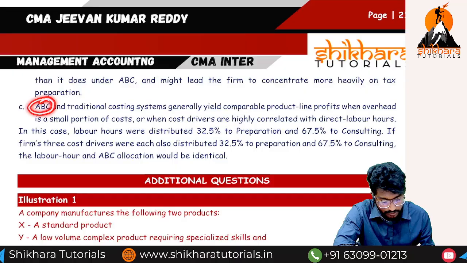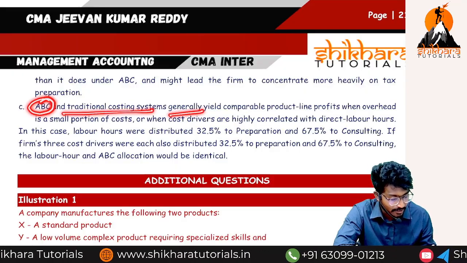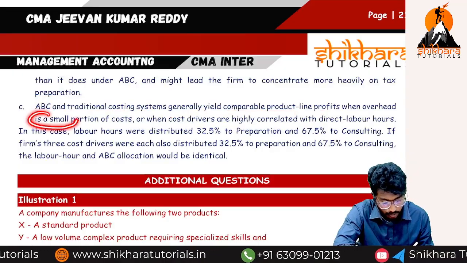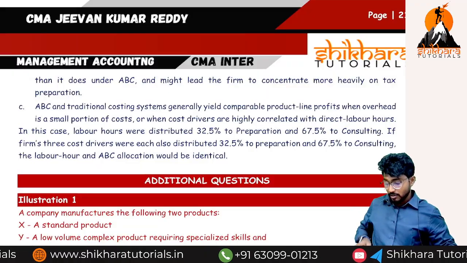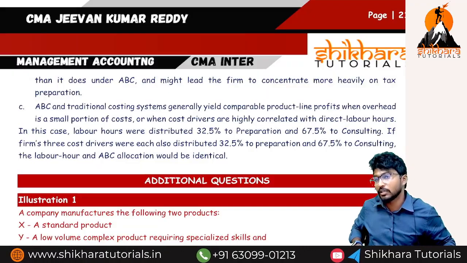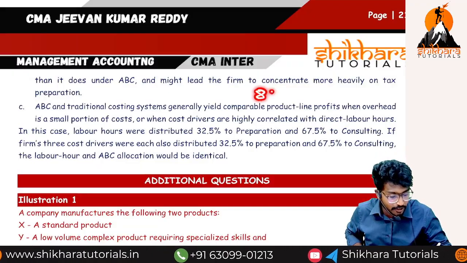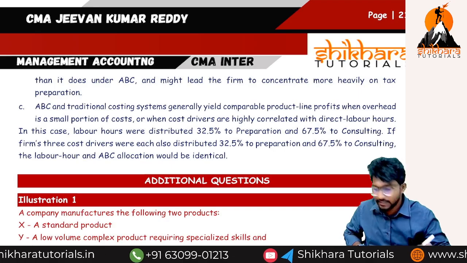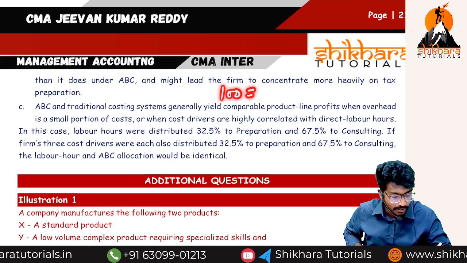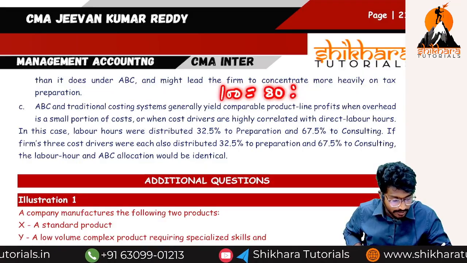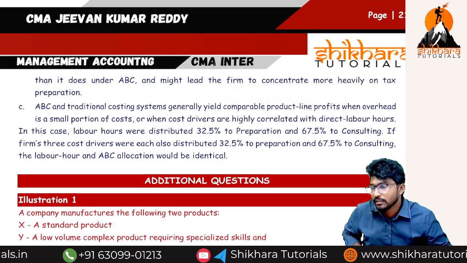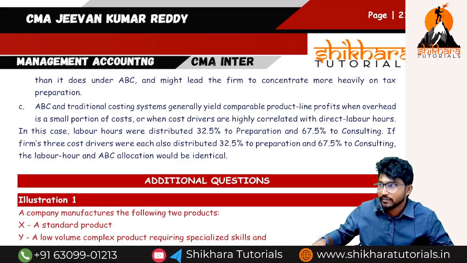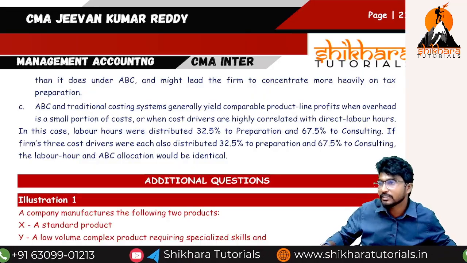Activity based and traditional costing systems generally yield comparable product line profits when overheads are a small portion of cost. When the overhead portion of total cost is like 80:20, if total cost is 100, direct cost is 80 and indirect cost is 20, then you may not see much difference between the profits under activity based costing and traditional costing. Why?